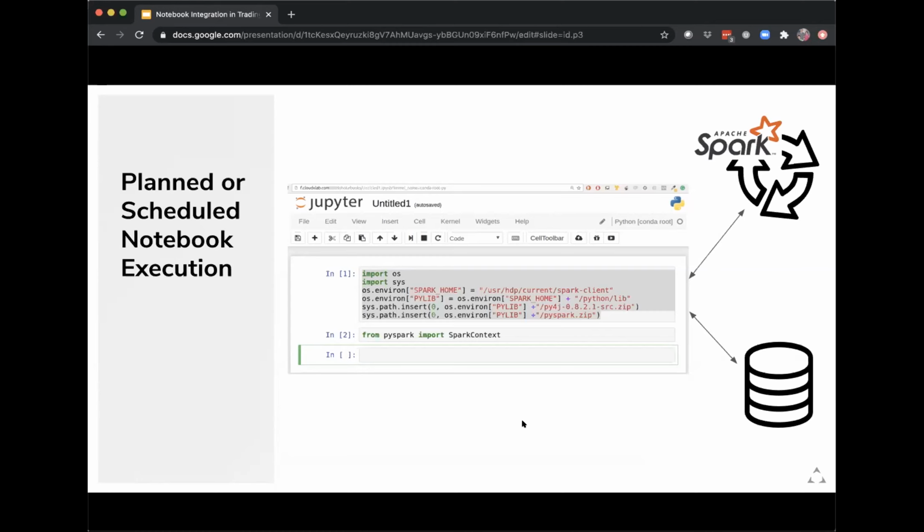For instance, I may have a multi-cell notebook that may collect data from several places, dole out some work to a Spark cluster, pull and collect some results when they're ready, and present some findings in a unique way later on to a trader or a risk manager. How long does all that take to run typically? Who cares? What if I could schedule it to run every Wednesday morning at 2 a.m. and I don't really care how long it takes because it's ready for me when I wake up and start my day Wednesday morning.